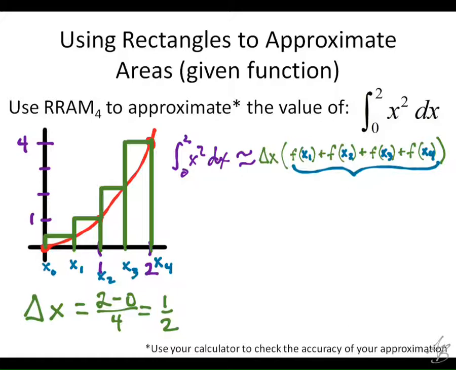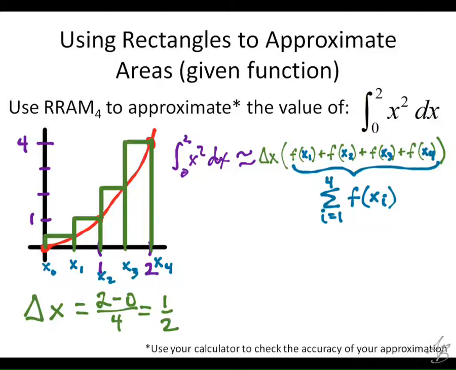Anybody know how we could do that? We can use sigma here to simplify that expression. So we could take the sum of f of x sub i as i goes from where to where? 1 to 4.